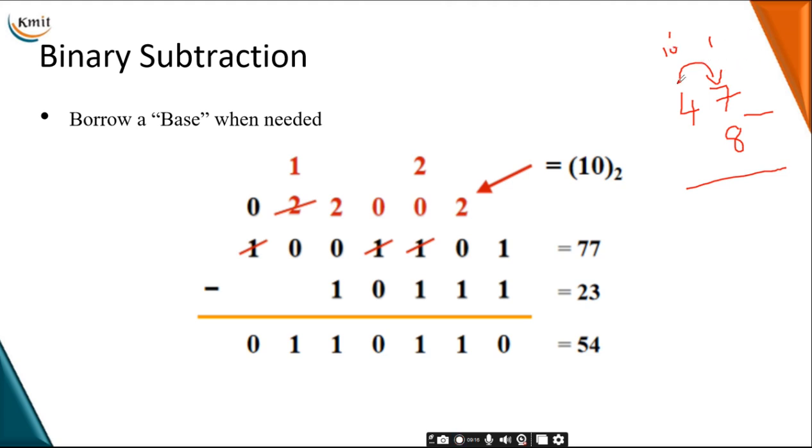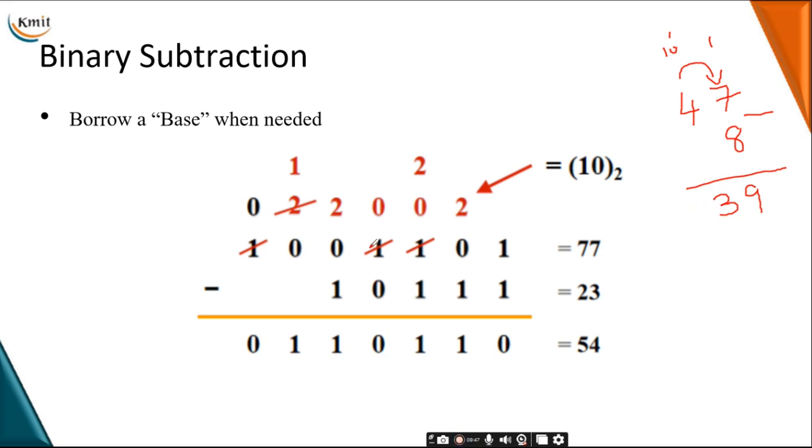Hence we take a 1 from the next most digit, but when it comes to this position, it becomes 10. So 10 plus 7 is 17. 17 minus 8 becomes 9. And what is left on the next most is 4. We subtract 1 from the 4, so then you would have 39.